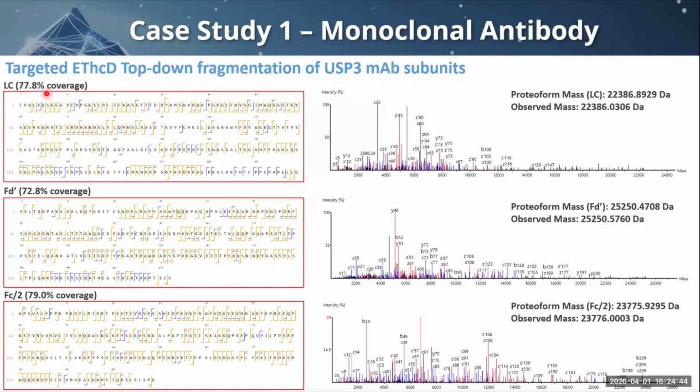And so we've got the light chain, the Fd prime, the Fc/2 subunits. These were all detected with high confidence, and these measurements for the targeted approach were comparable to the non-targeted approach. So we're able to garner proteoform information that is linked to our intact information.